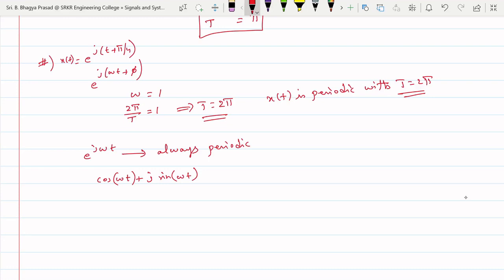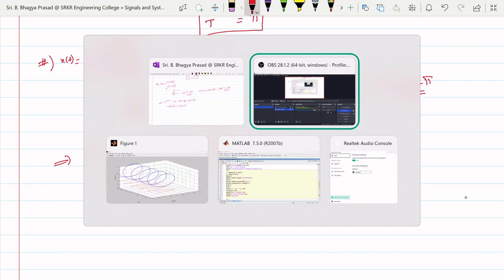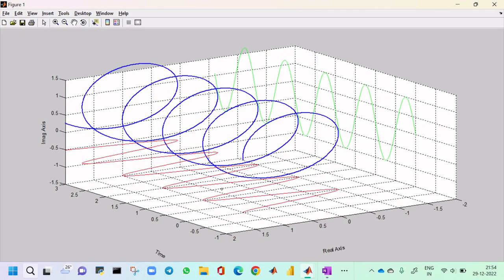If you check the strength, the magnitude will be 1. So if you observe the 3-dimensional plot of this e power j omega t, or cos omega t plus j sin omega t, the signal will be like this one.